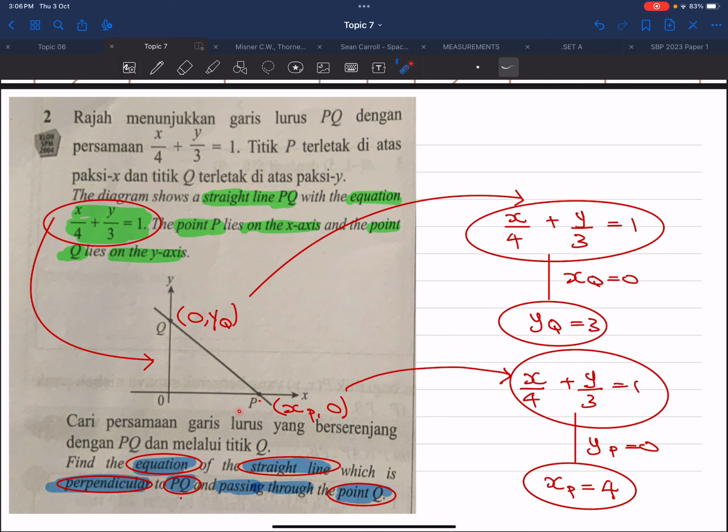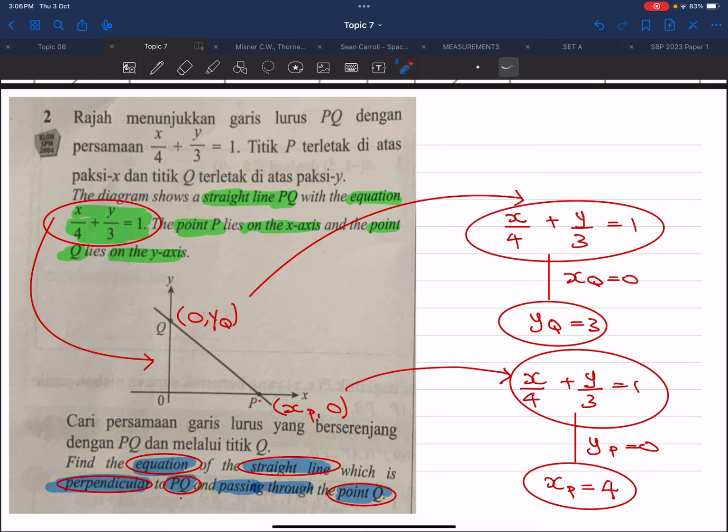Since P is on the x-axis, the y coordinate is 0, and the x coordinate of course has a value. Similarly, the point Q on the y-axis must have an xy coordinate, and since Q is on the y-axis, the x coordinate is 0 and the y coordinate has a value.